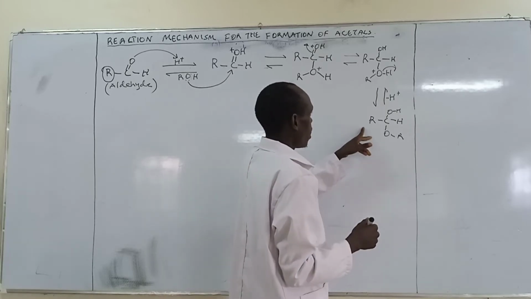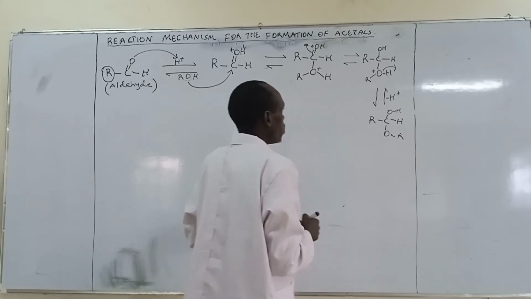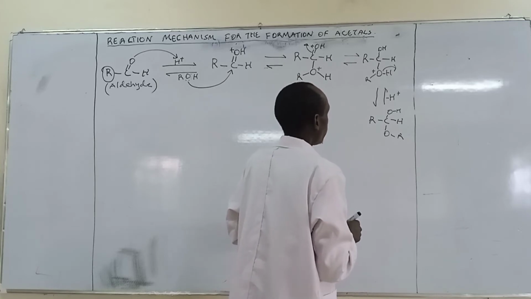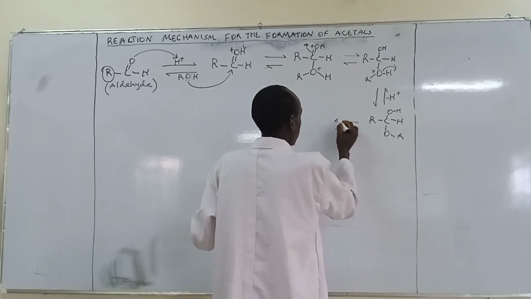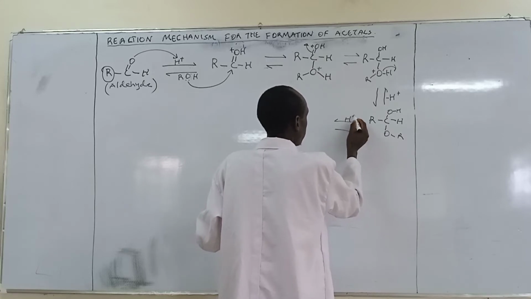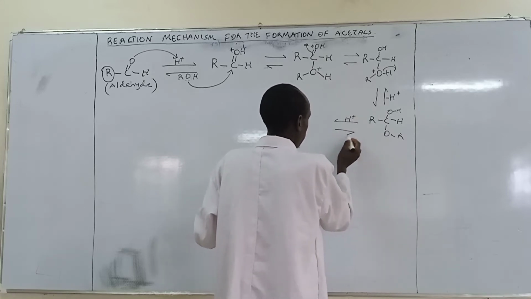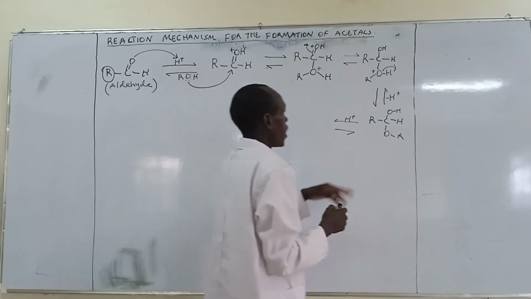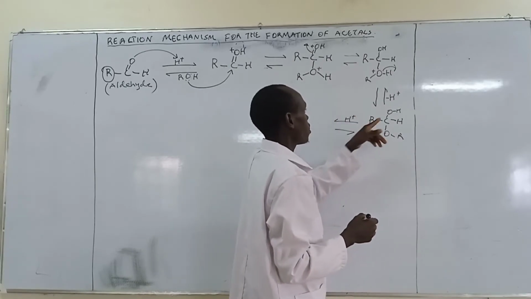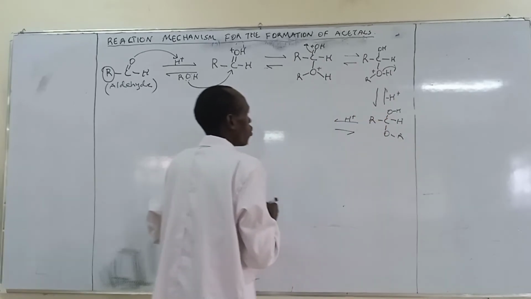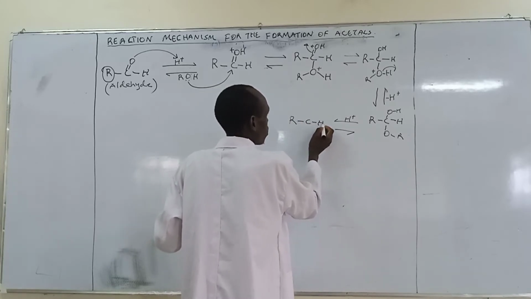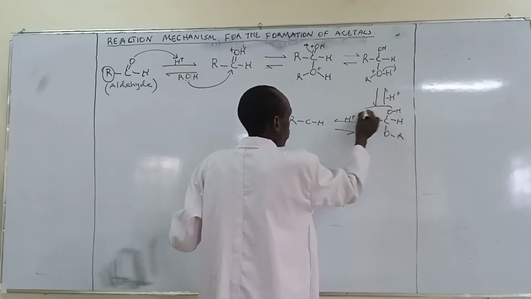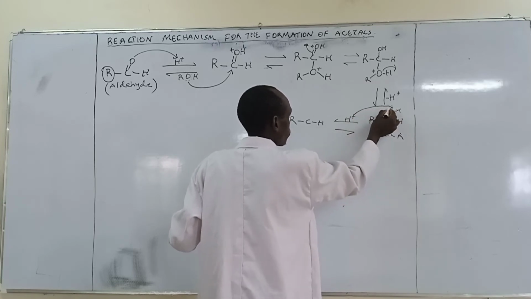Now, after arriving here, we're going to add hydrogen again. So we are going to add hydrogen ion here. So the reaction is reversible. The hydrogen ion shall get attached here to form R, then C, then H. It shall get attached there.